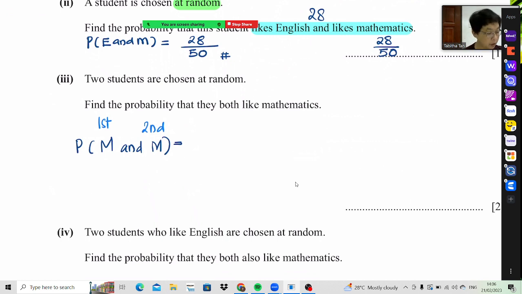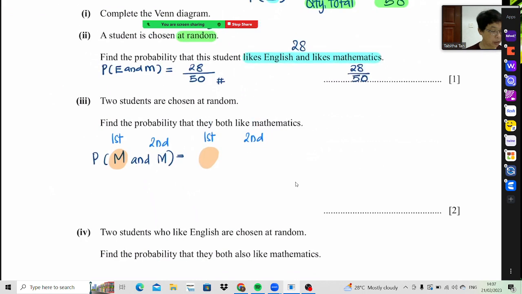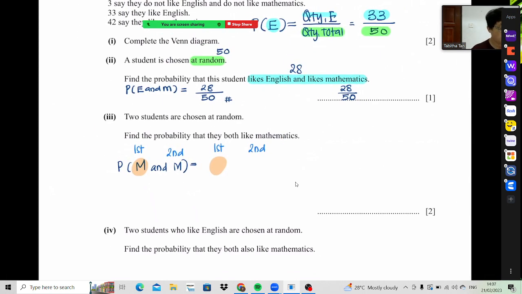Let's find out first the probability of you picking each time. What is the probability of picking the first time? Let's put in the numbers. You want to pick the first time. What is the probability? Now you want to look for the quantity of maths.